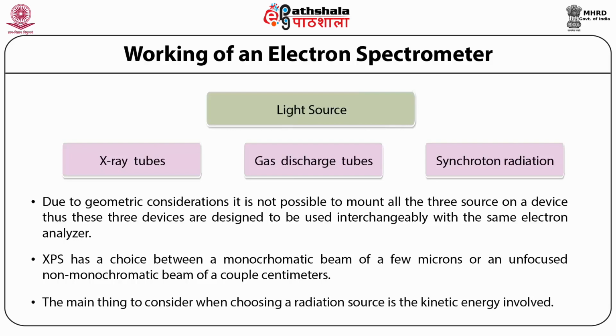The main thing to consider while choosing a radiation source is the kinetic energy involved. The source is what sets the kinetic energy of the photoelectrons. So there needs to not only be enough energy present to cause the ionization, but there must be an analyzer capable of measuring the kinetic energy of the released photoelectrons.